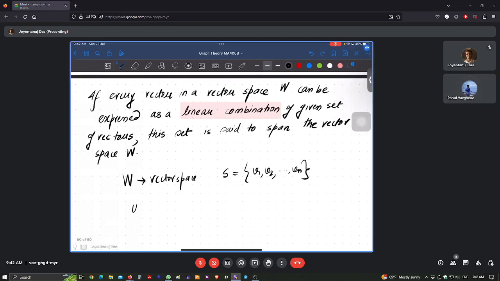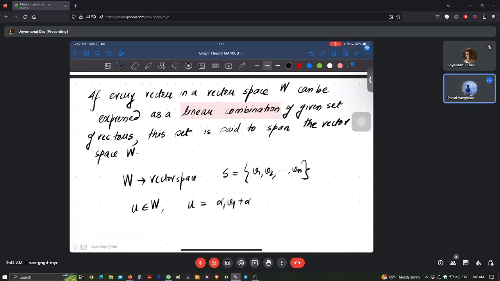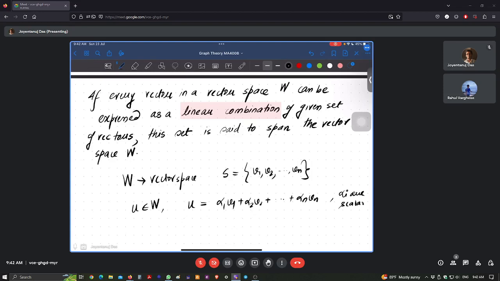Suppose I take any vector U that belongs to W. I can write U equals alpha 1 V1 plus alpha 2 V2, and so on up to alpha n Vn. Here these alpha i are scalars. Then this thing is called a linear combination.